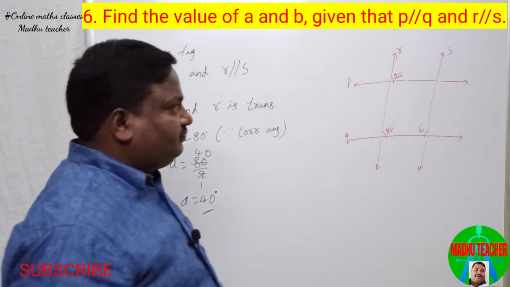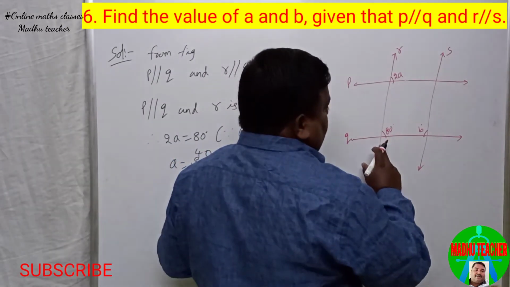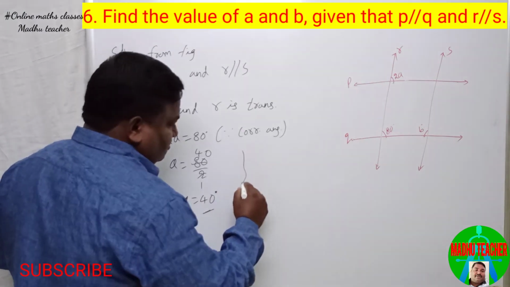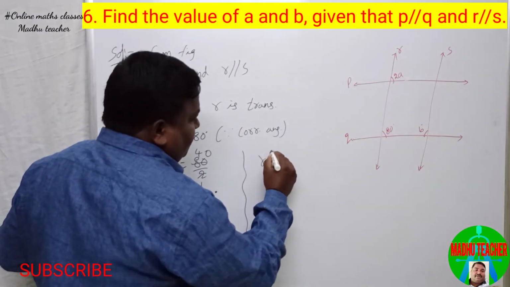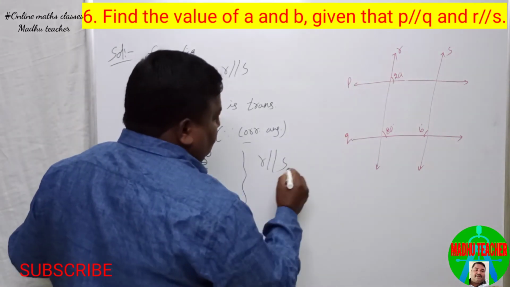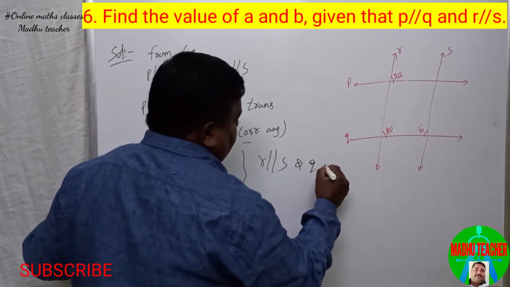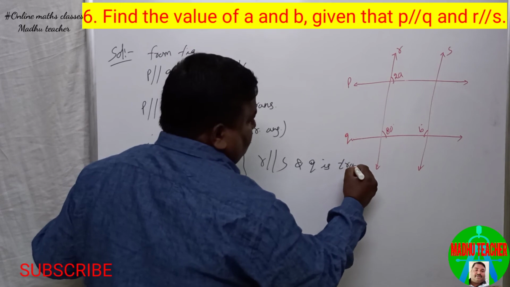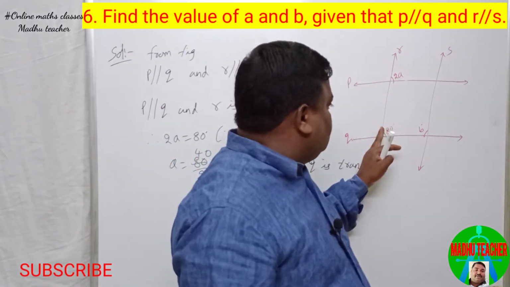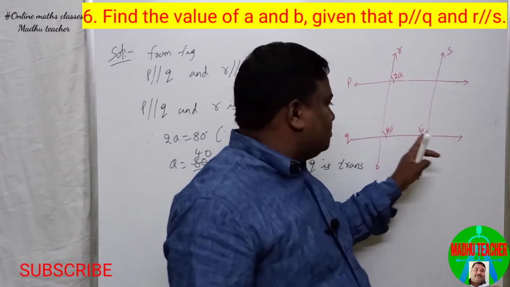And here R is parallel to S and Q is the transversal. These two are parallel and this is the transversal.